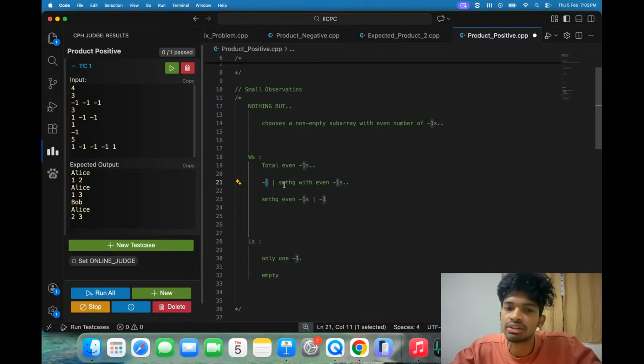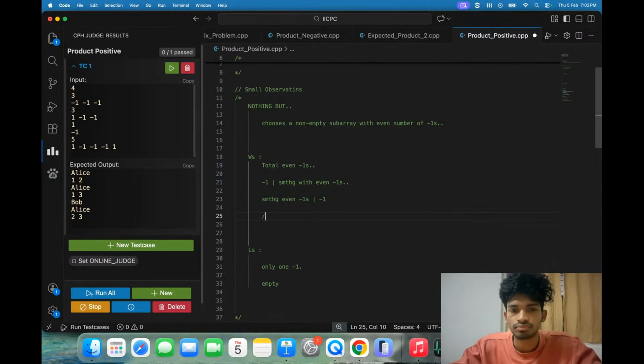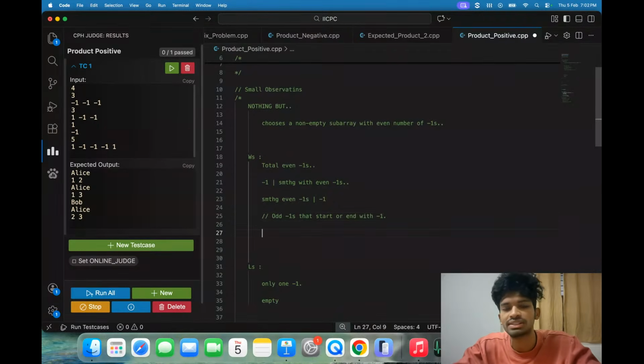So what did this cover? Odd number of minus ones that start or end with minus one, right? So what is left?